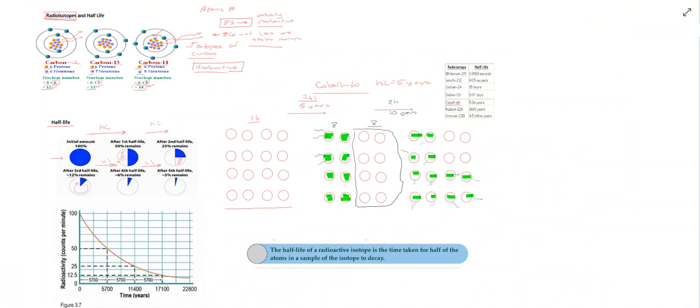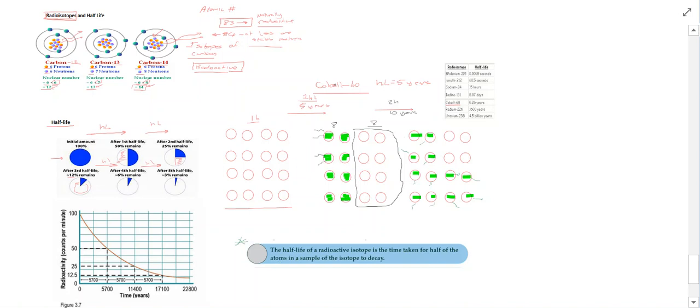So taking that into account, here is your official definition of what we were talking about in relation to radioactivity. This is something that you need to know, but you also need to understand the concept behind it. The half-life of a radioactive isotope is the time taken for half of the atoms in the sample of the isotope to decay.